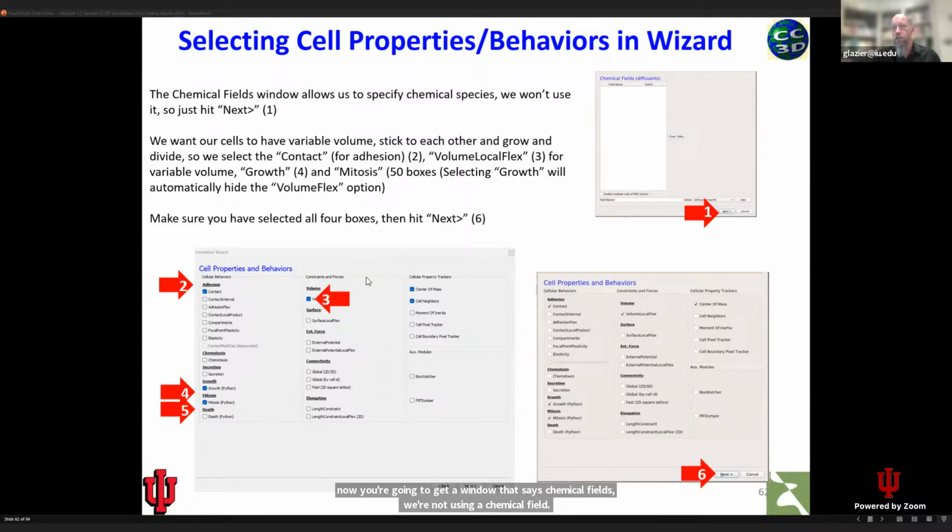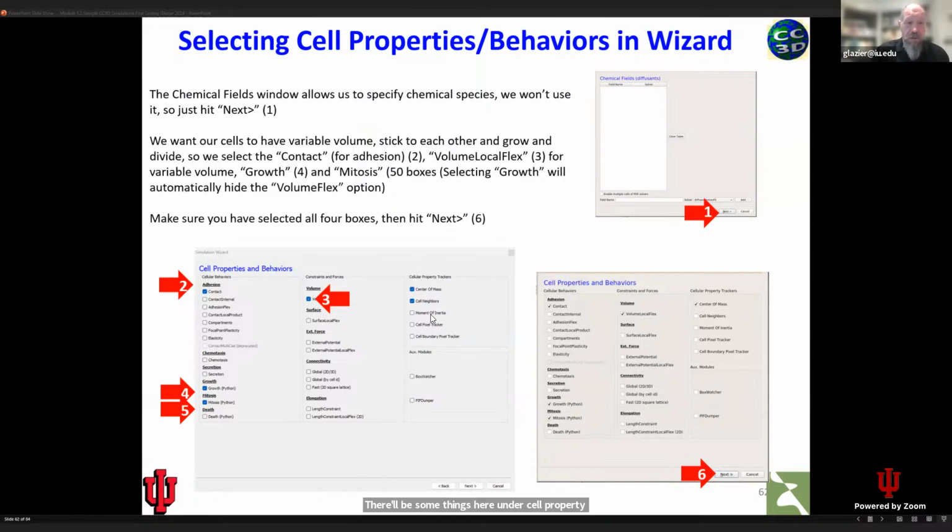The last window you're going to get will say Cell Properties and Behaviors, and this is the key one. You're going to select Contact, Growth, Mitosis, and Volume Local Flex. So make sure that you've checked those boxes. There'll be some things here under Cell Property Trackers that will be checked.